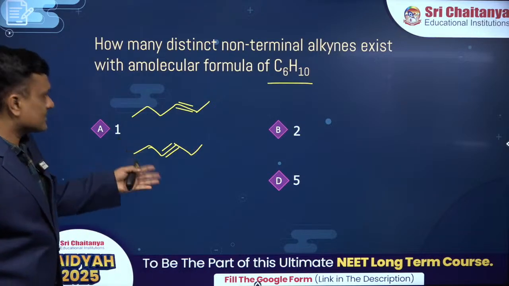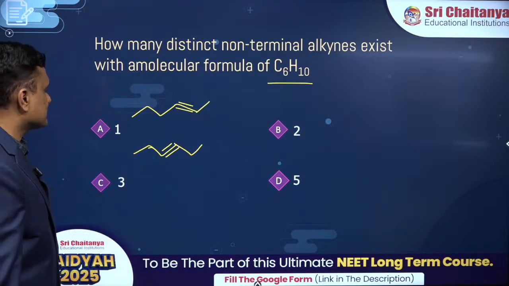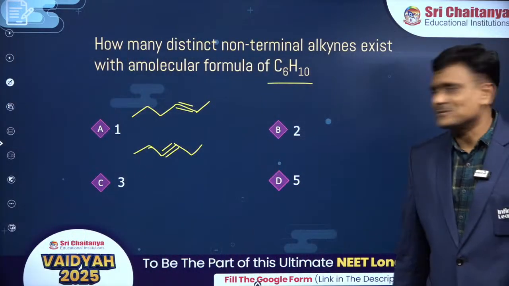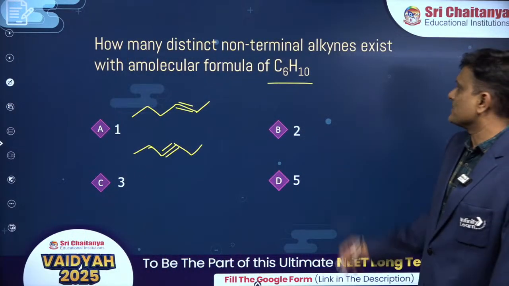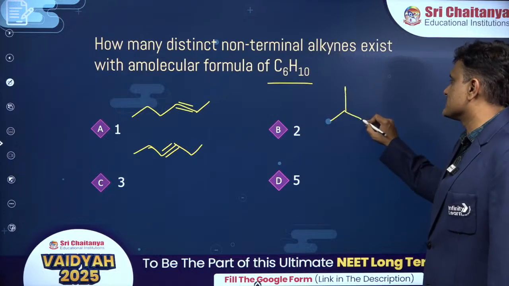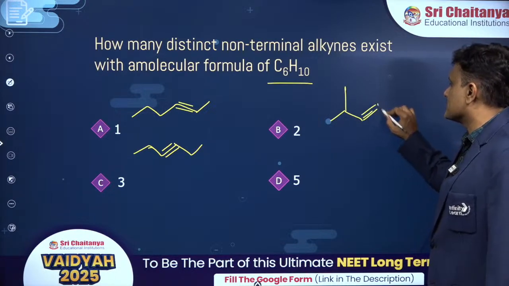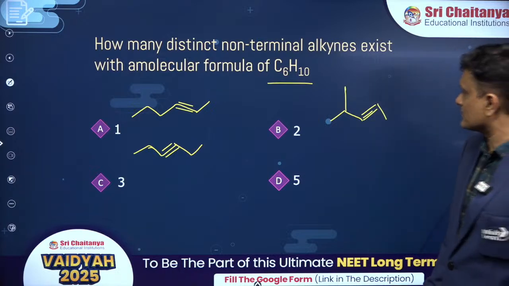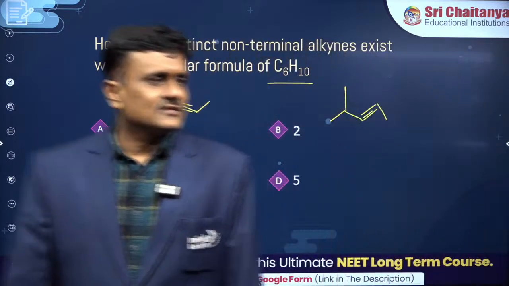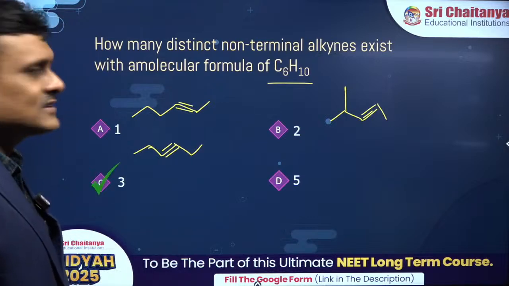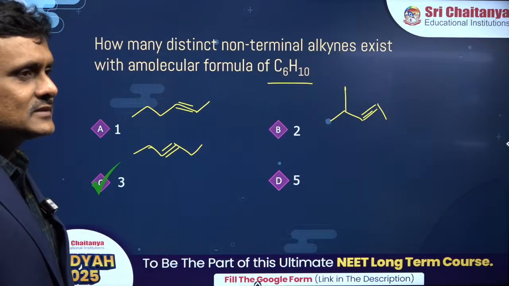But if I keep it here, it will be the same, isn't it? Next one, you got the answer also, 3. Yeah, let me check the next one. You see how I should check is that it should not be controversial at the same time. Like, if I place it here, this is your third one. Isn't it, Raghavendra? That's all. Only 3 you would get. Yes, that's a brilliant answer, Priya.